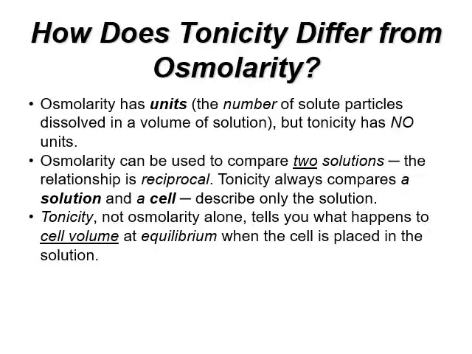So osmolarity has units. When we talk tonicity, it tells us what's happening to the cell. Tonicity compares the solution to what is happening to the cell. Is the cell shriveling? Is the cell staying the same? Or is the cell swelling? So there's no units there, but it's telling us what's happening to the cell. So that's what tonicity is.